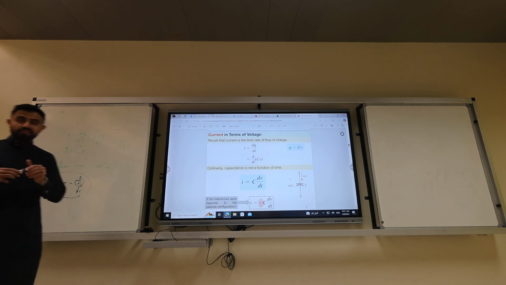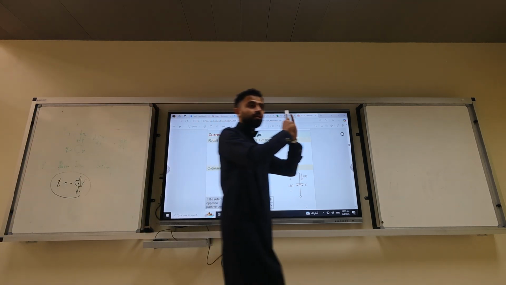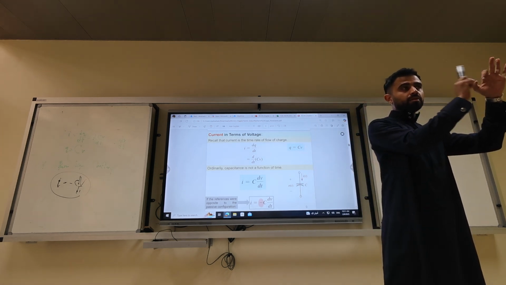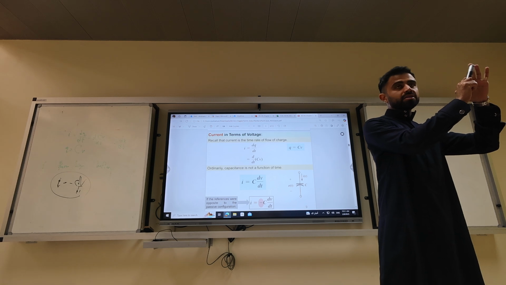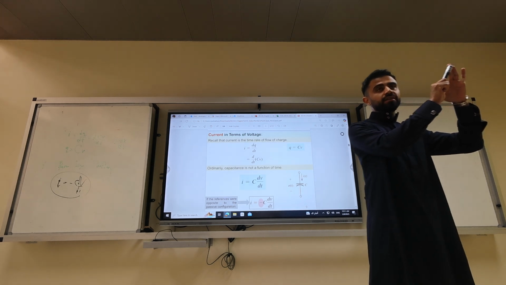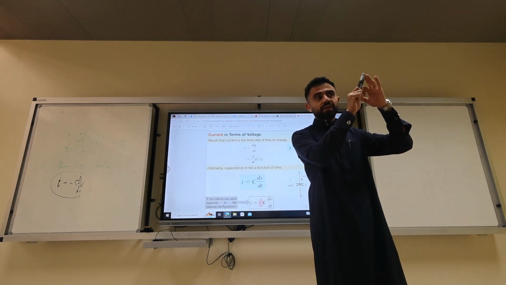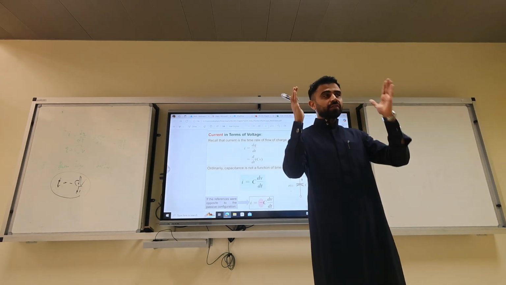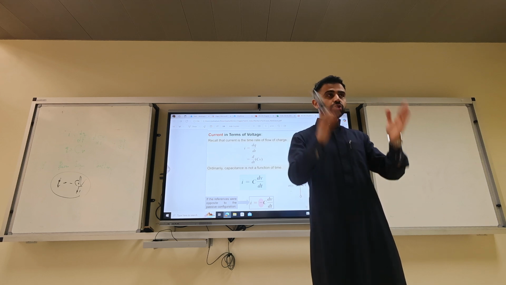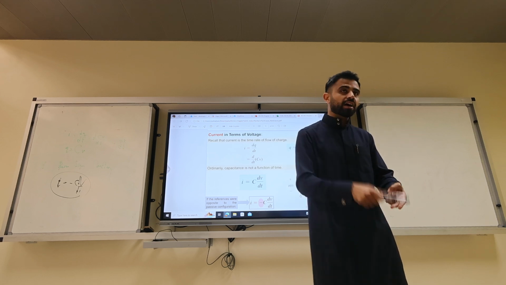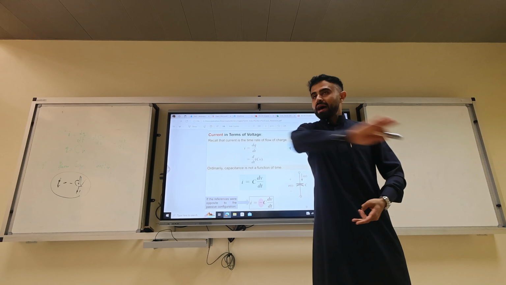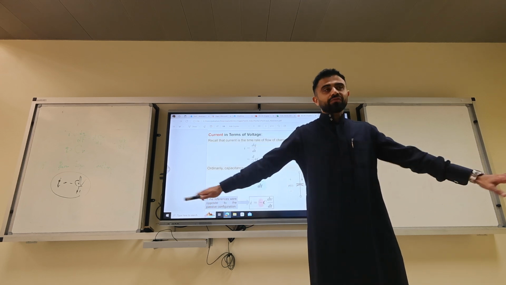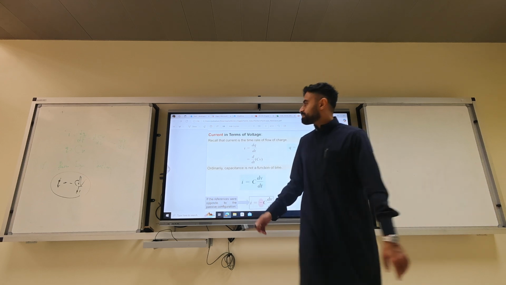So how many times now do we have the passive sign configuration? Power, V equals IR, and I equals C times dV/dt. In the test we have only two. Passive sign configuration. Open your eyes in the test. If the current enters from the negative, in these two cases only, you put a negative. It has nothing to do with voltage rise and voltage drop. Two completely different stories. Okay?